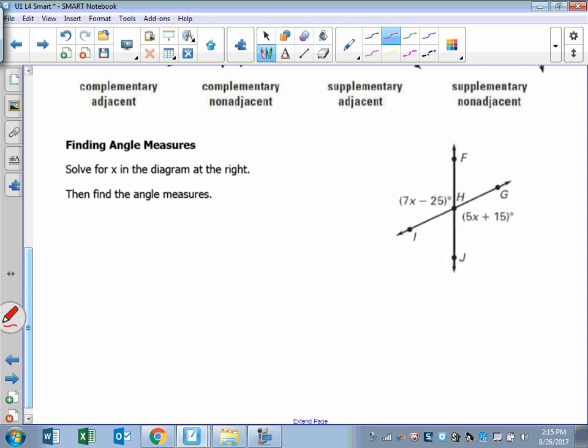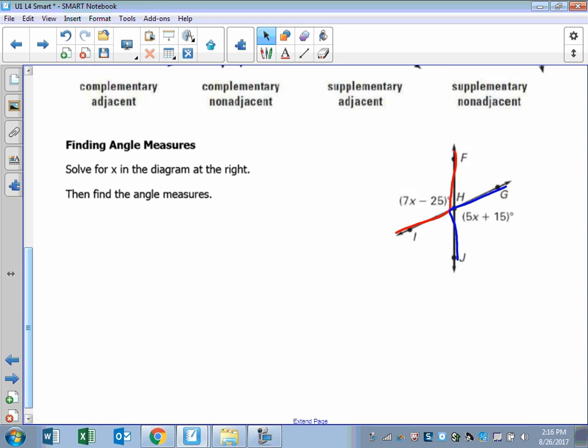Then of course we add a little bit of algebra in, so solve for x at the right and find the angle measures. The only angles we have information about right now are FHI and GHJ. If we look at FHI and GHJ, they seem to be vertical.